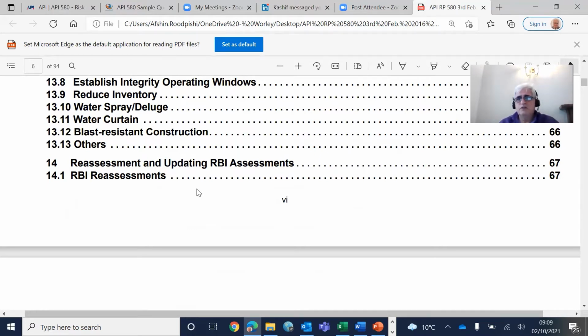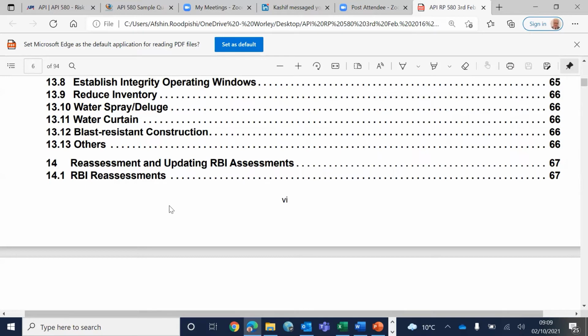So for example, if you get 8 years by API 510 and 10 years by API 580, you go for a 10 year inspection interval. But that's a maximum, even if you got, say, 15 years, because that's a cap. After 10 years, you have to reassess the situation, because things change, the processes change and all that.